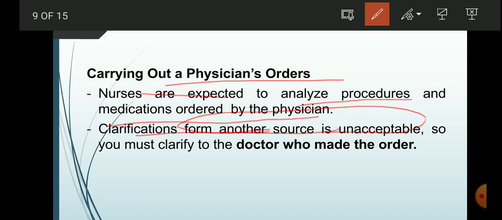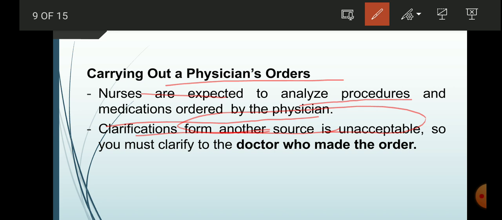So there is a question in the NLE. The scenario is like this: the doctor on duty ordered a medication in a doctor's order sheet, and then the nurse, upon reading the order, has difficulty understanding it. Maybe it's illegible or it's not easy to understand.